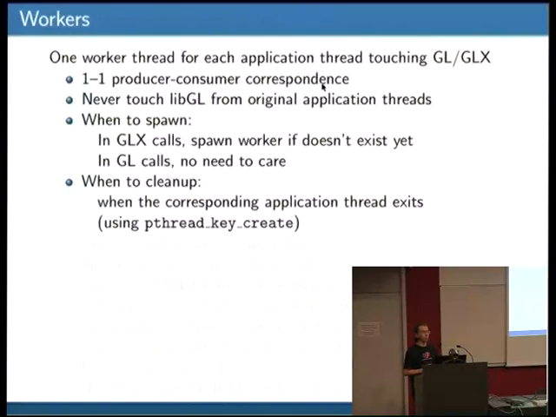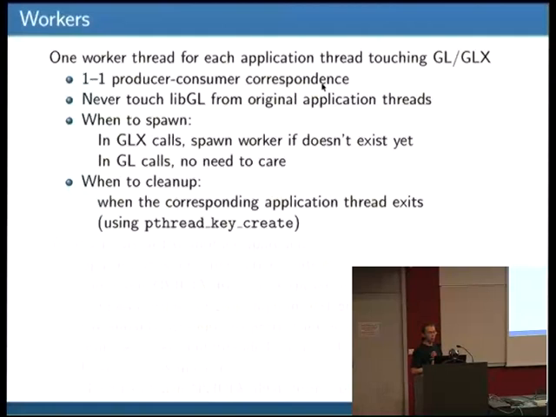So this is a one-to-one correspondence. It is crucial not to touch libGL from any of the original application threads, because, for example, there is no easy way to have a good ordering between what you're doing in the original thread and what is going to happen synchronously in a secondary thread.